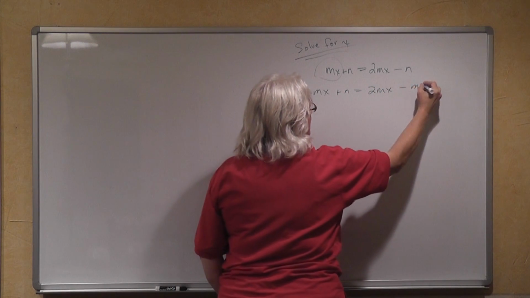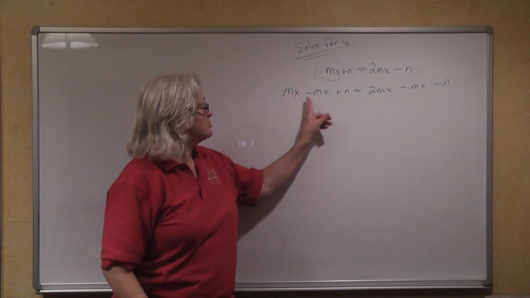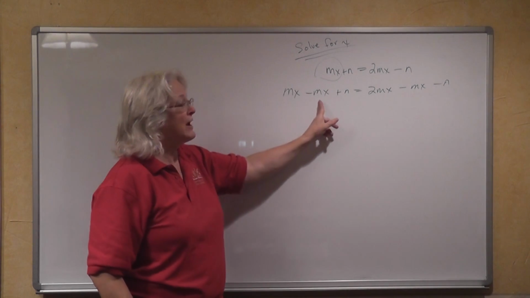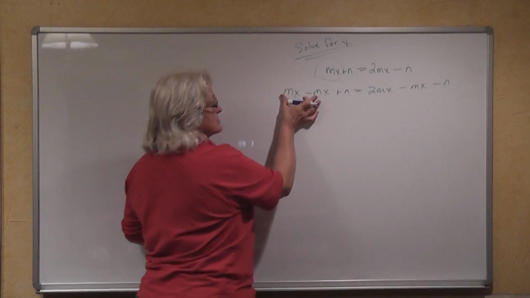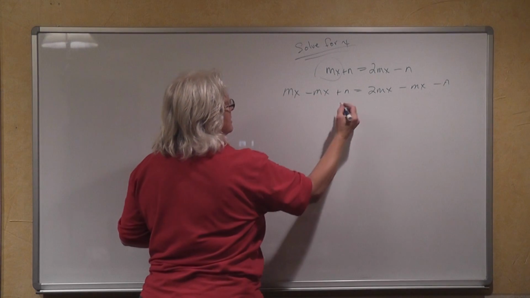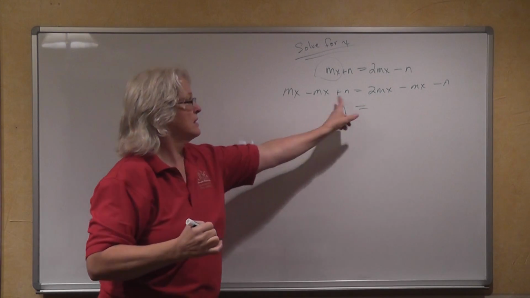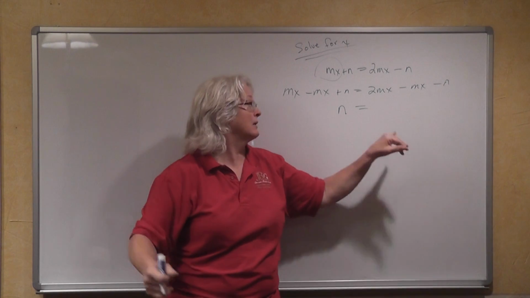Minus mx, minus n. All I did was subtract, because here I have a positive mx, and if I subtract an mx, that's going to eliminate the x's on this side of the equation. And I simply have n is equal to, I subtracted mx over here so that the equation's in balance.